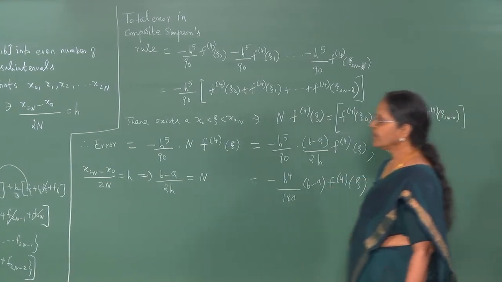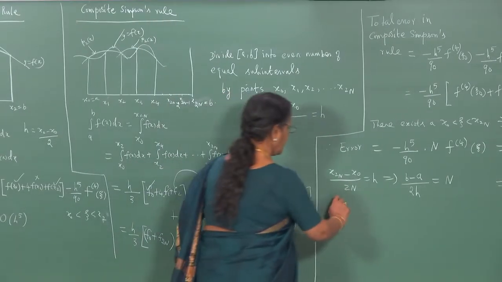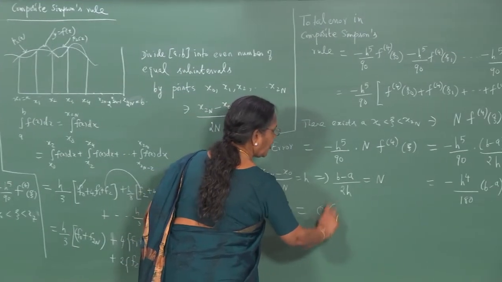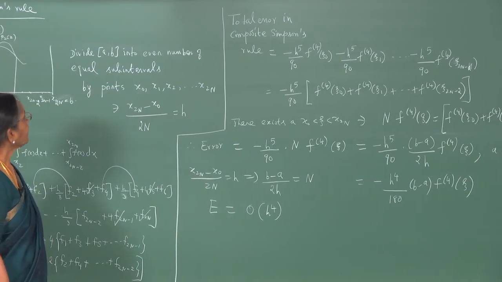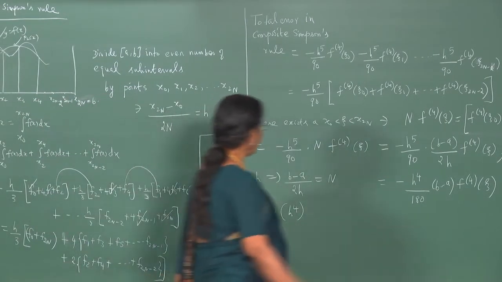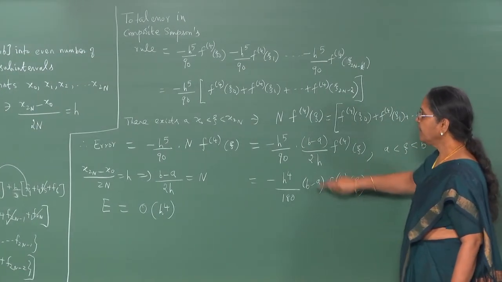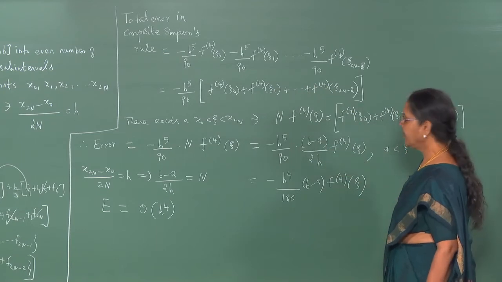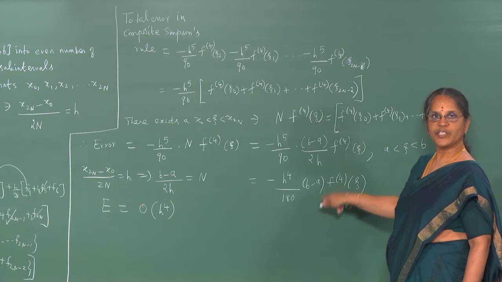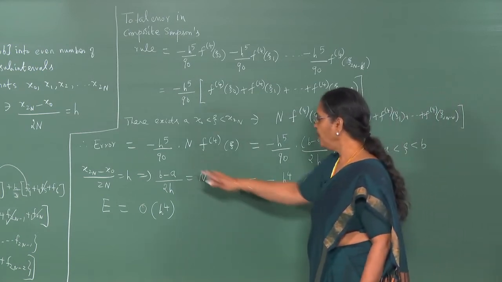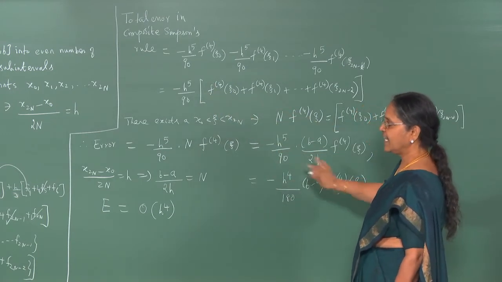So, you observe that the error in composite Simpson's rule is of order of h to the power of 4. And the error term clearly shows that composite Simpson's rule is exact for polynomials of degree up to 3. So, up to cubic polynomials, the method is exact.